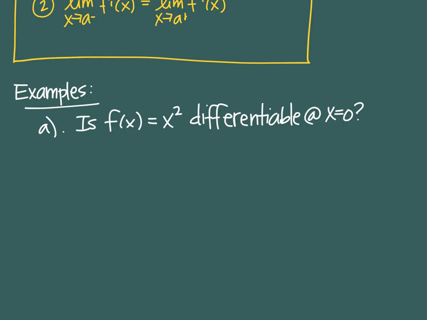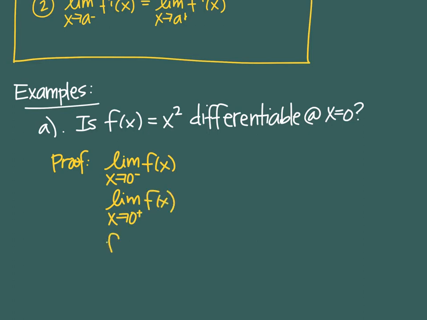And so what we need to do is we need to prove, in our proof, 5 things. We need to prove the limit approaching 0 from the left of f of x. We will need to prove the limit approaching 0 from the right of f of x. We will need to prove f of 0 itself.